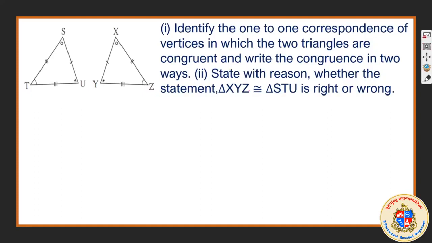If you simply observe those two triangles, STU and XYZ, as given here, whether the statement says they are congruent. It is shown here, it is congruent. Is this statement right or wrong? That is the ultimate question to you.